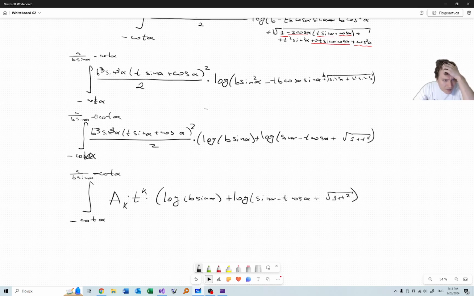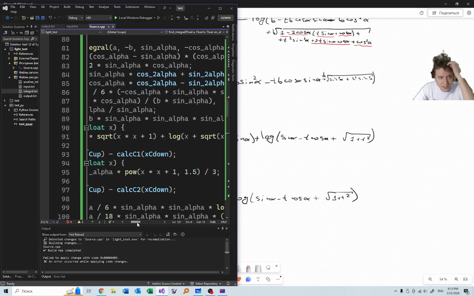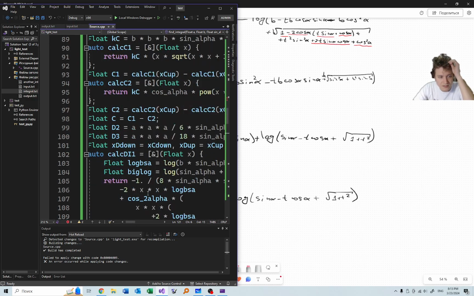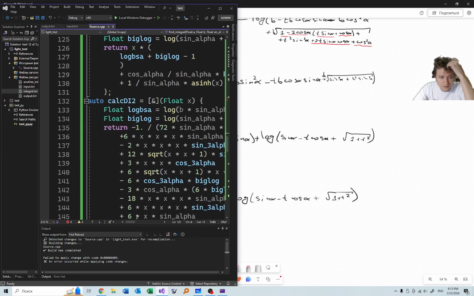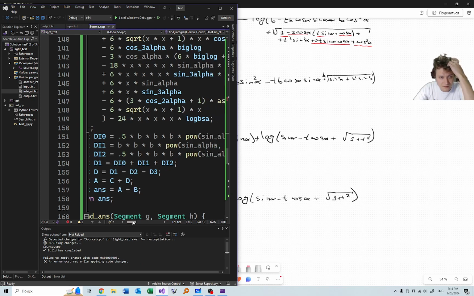And lower is simply minus cosine alpha over sine alpha. Yes. Our assumption is that it is correct.